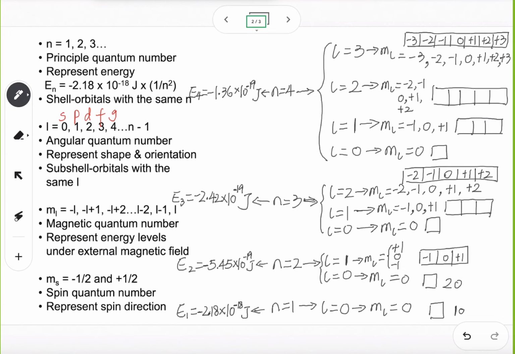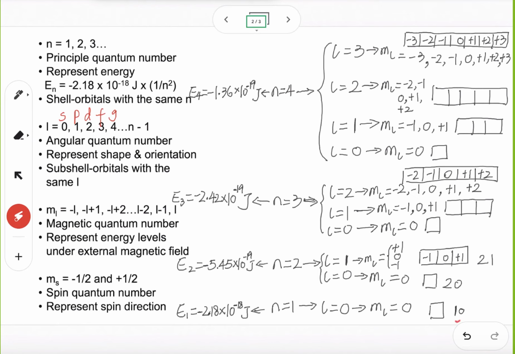And now when you label this one by using numbers for both N and L, that's going to be 21. And you keep going like this. You notice that 10, 20, 21 could be very confusing, especially when you use these atomic orbitals to do calculations, or label things during your calculations.